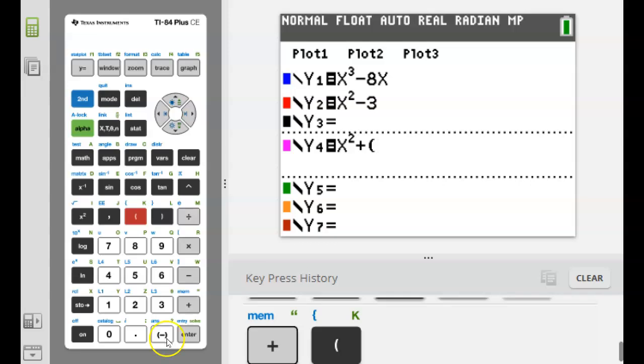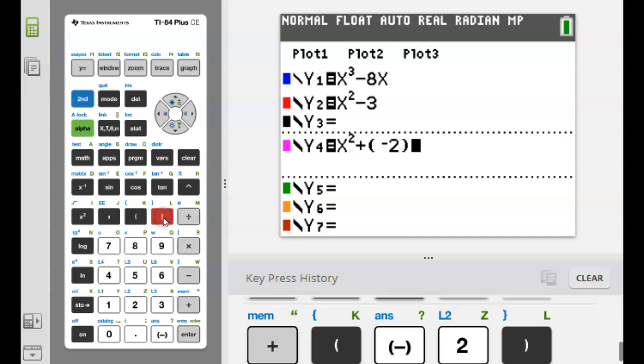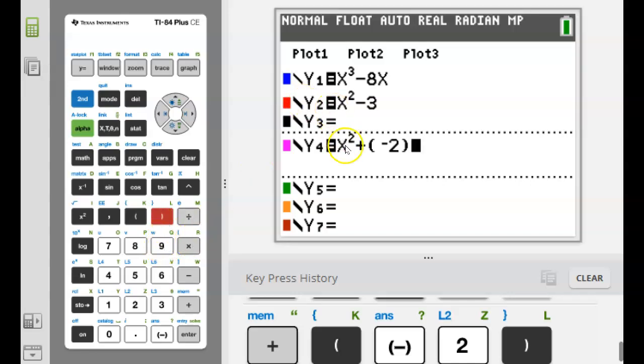Well, check that you used a negative sign instead of a minus, or that you used the minus sign instead of a negative if you are dealing with negative numbers or you're trying to subtract something. So I'm going to say minus 2 in this case. This is not going to go quite as far down as our previous one, our y2.